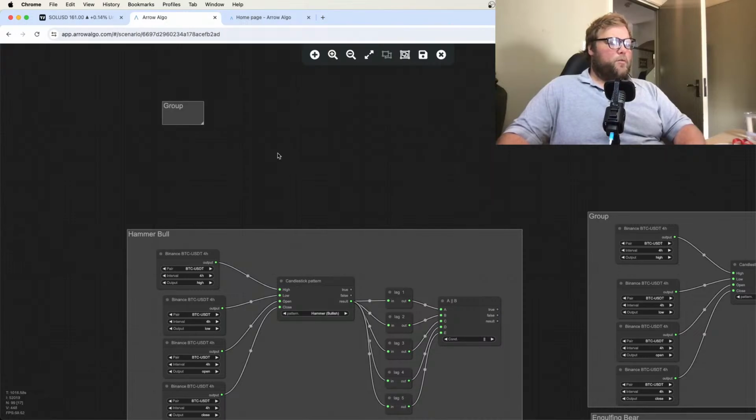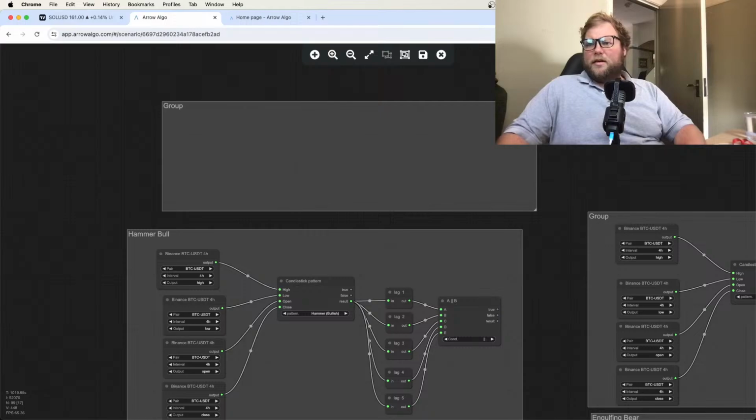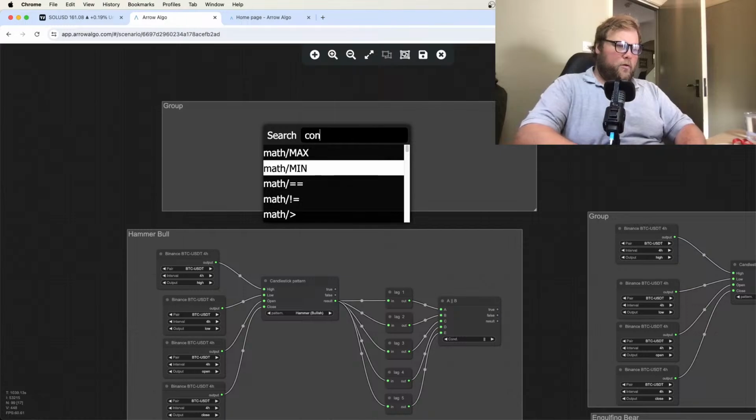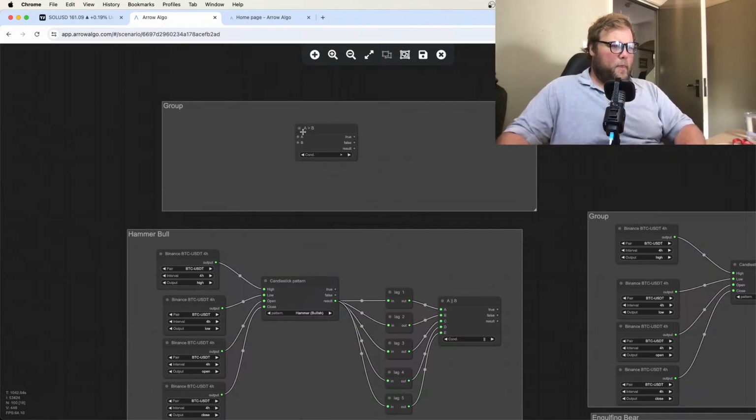so let's make a new group up here to specify what we want to happen. So we're going to create another condition block, and I think we're going to make this another OR block.